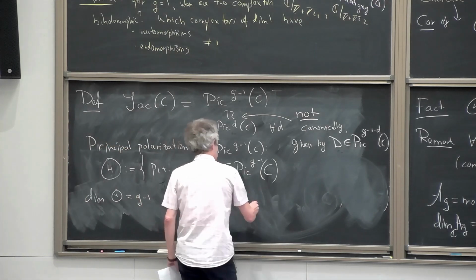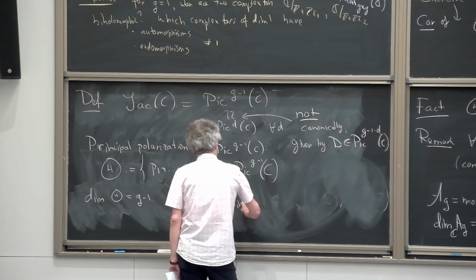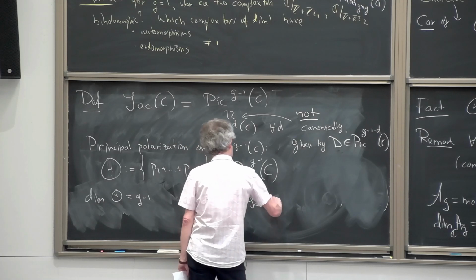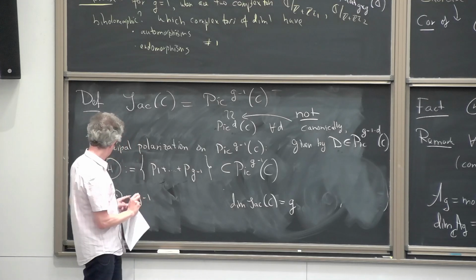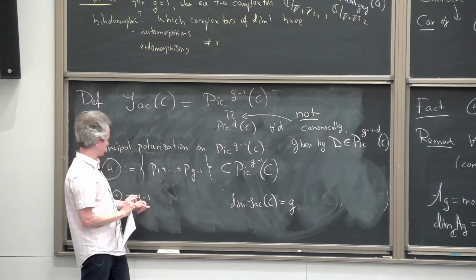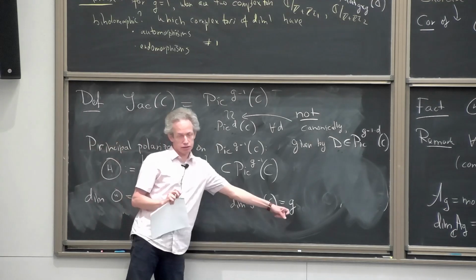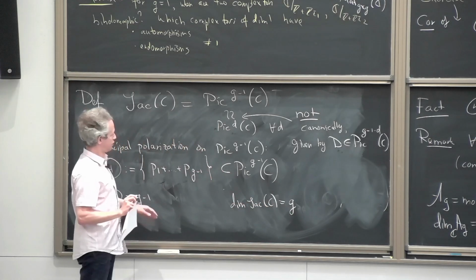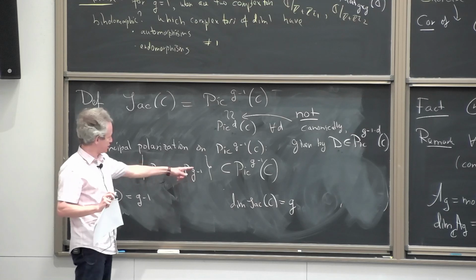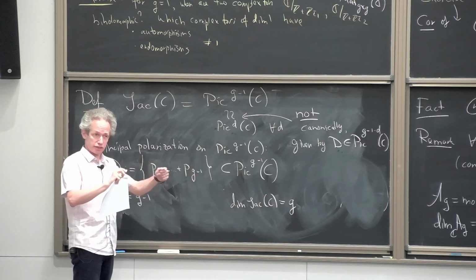I never told you, of course, but the dimension of the Jacobian of any curve is equal to g, right? So I have defined for you a locus of dimension g-1 inside the locus of dimension g. So it's a divisor, it's a codimension 1 complex subvariety. The claim is that this is an effective divisor. Well, that's clear, I defined the locus, so it's an actual subvariety.